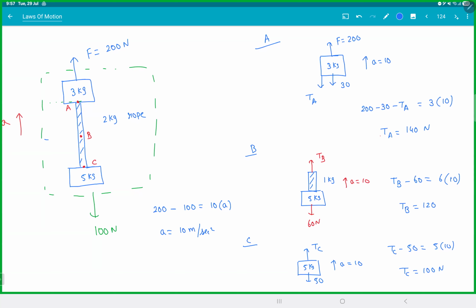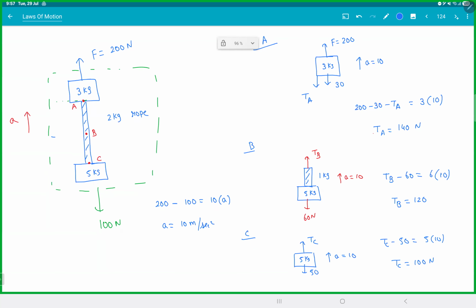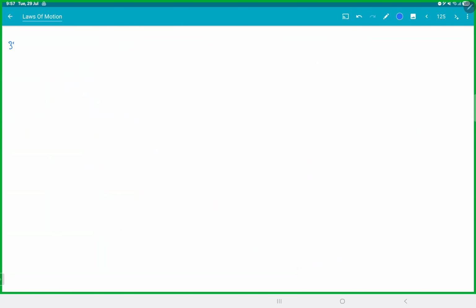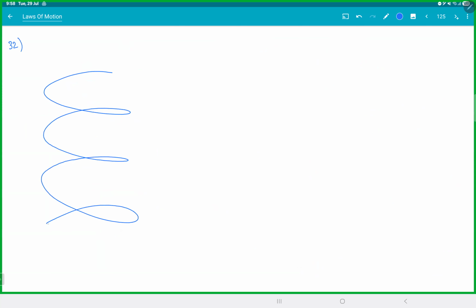So let's say something a little different. That is how you can keep on finding tensions. Let's say we have a 3.5 turn spiral helix. Height is h, radius is r.